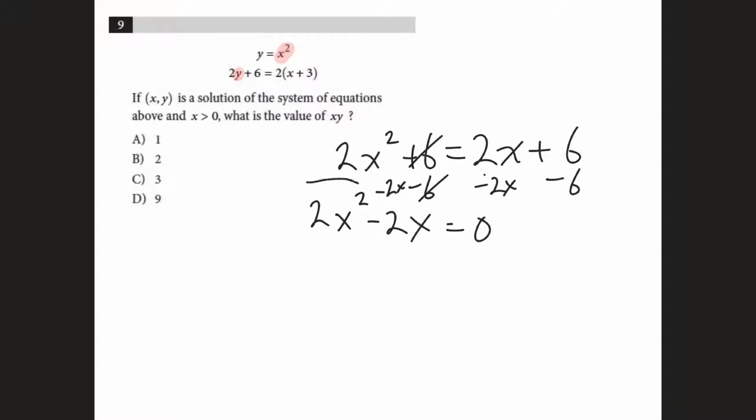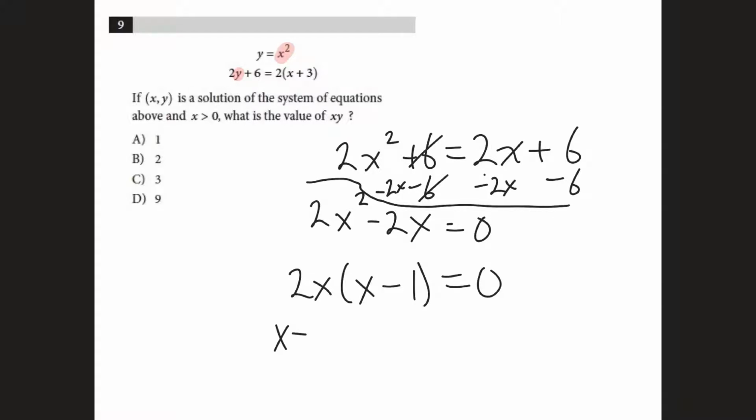Yeah, so kind of getting a little sloppy here. All right, so if we want to solve this, we need to factor. I see that I can factor out a 2x. I'll be left with x minus 1 equals 0. Our factors here are going to correspond to x equals 0. If x is 0, that would make our first factor equal 0.